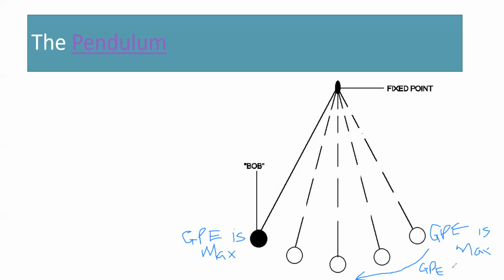So here GPE decreases because it's changing. If you look at the height, see it's going down. So here, kinetic energy is maximum. Kinetic energy is max.